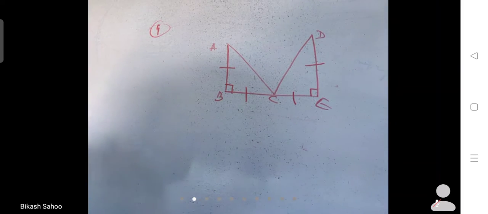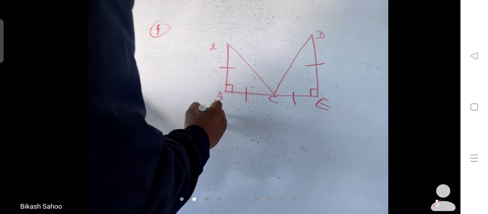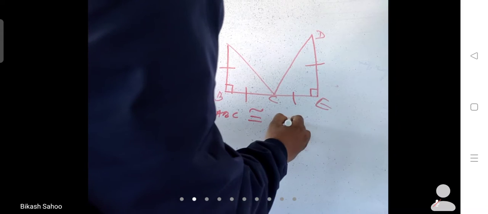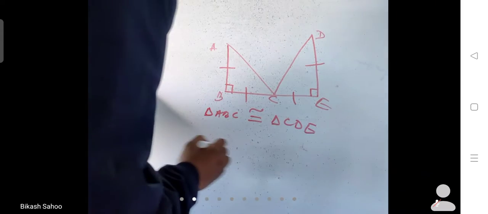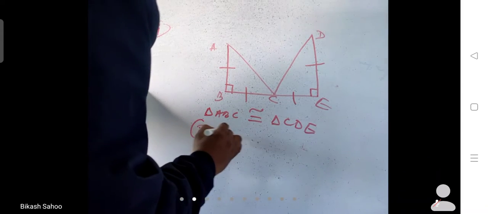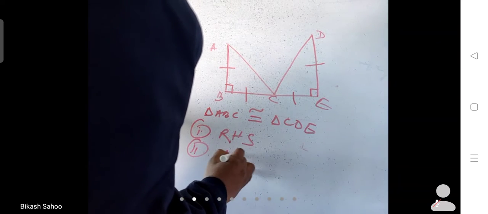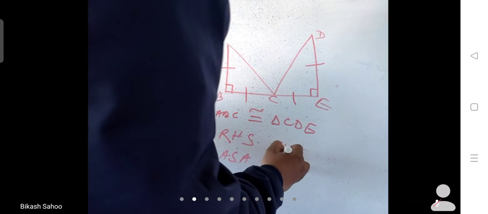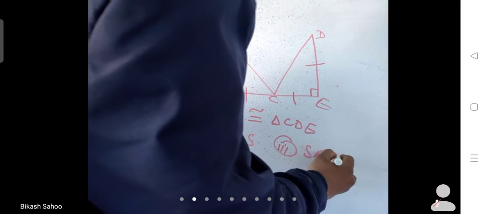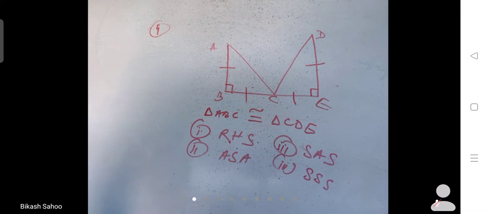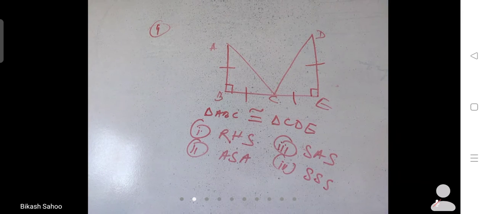Okay, then speak me, here the triangle ABC is congruent to triangle CDE by the property of a dash. Options are RHS, option 2 angle side angle, option 3 side angle side. Which option is correct for the congruence of the triangles ABC and CDE?